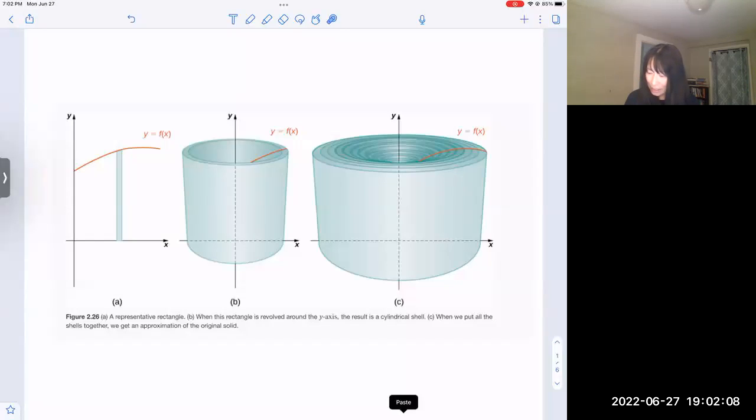So we call this cylindrical shells. Look, they have more shells. You can see that, 1, 2, 3, 4, 5, 6, right? Okay, so now I want to derive this formula.